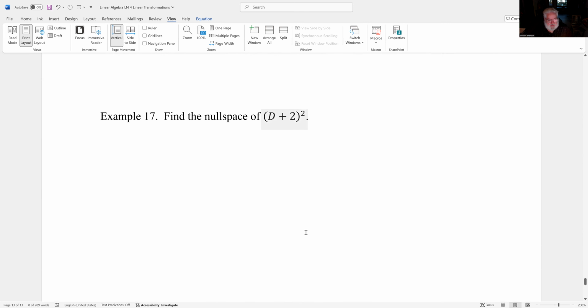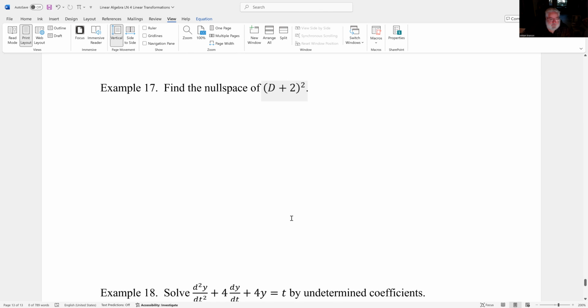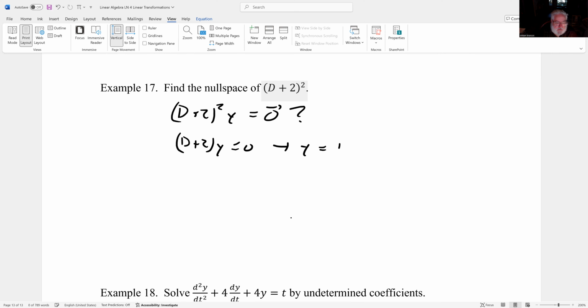And then finally, what's the null space of d plus 2 squared? Right? What's everything that satisfies this? Well, we know that that is true. And then we want to know what's another function.